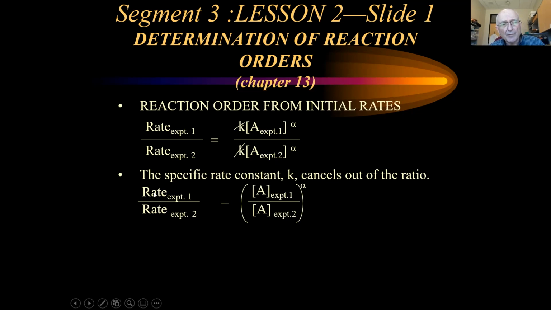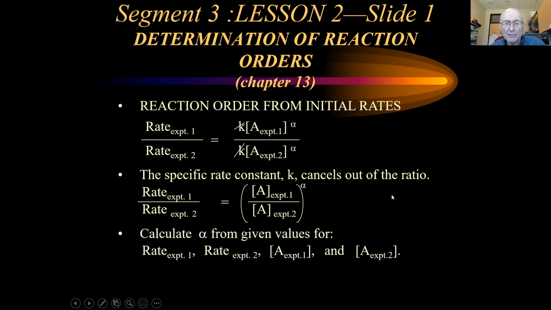So if we have measured the rate at experiment 1, and we've measured the rate at experiment 2, we measured the initial concentrations for experiment 1 and the initial concentrations for experiment 2, we know everything in this except alpha, and we can then solve for alpha.